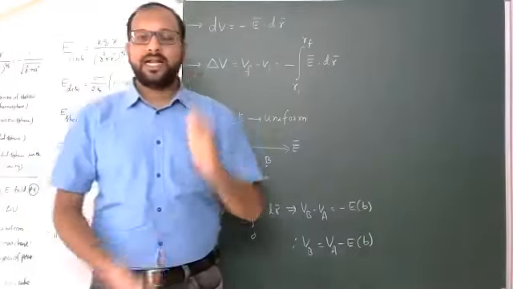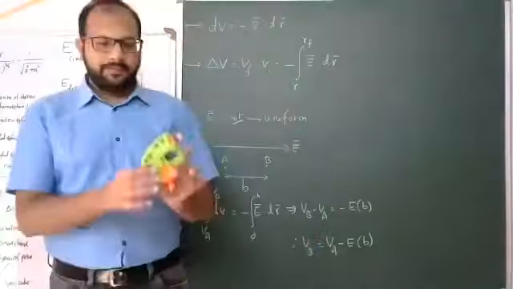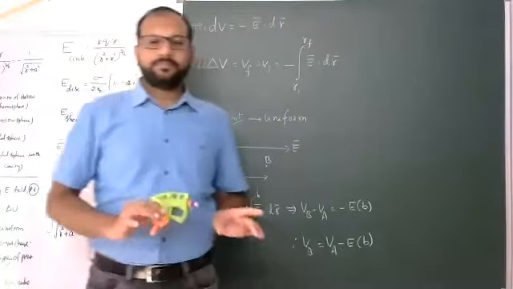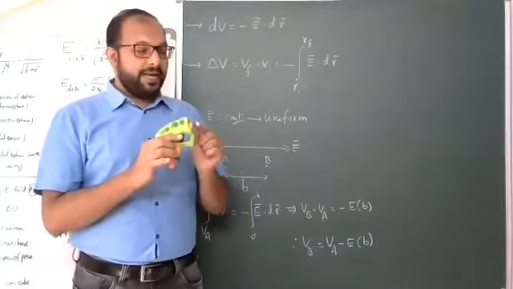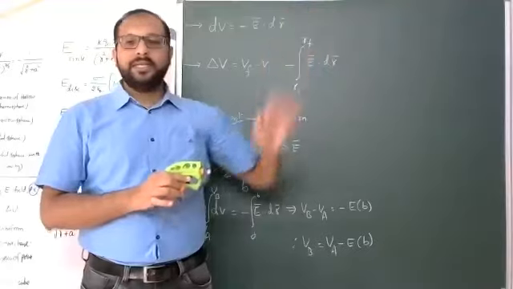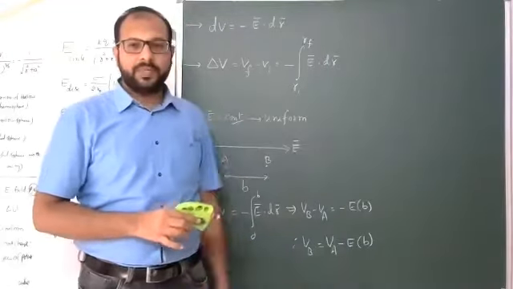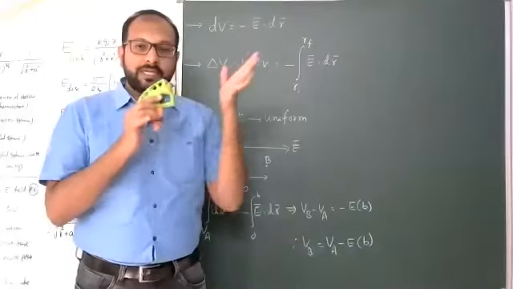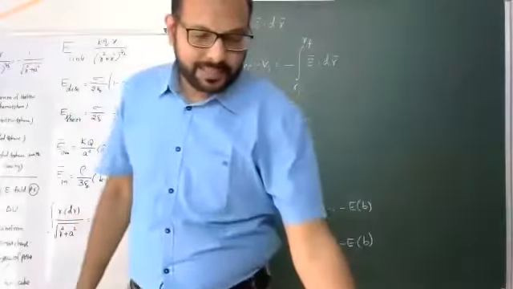Now for understanding interactive force, students, here is one small toy gun. By using this bullet, I can apply force on farther bodies also. That means I can't directly touch, but by using this bullet, I can exert some force on far places.